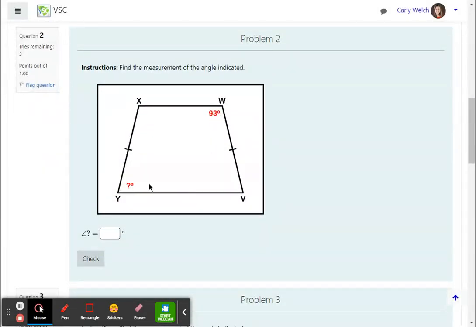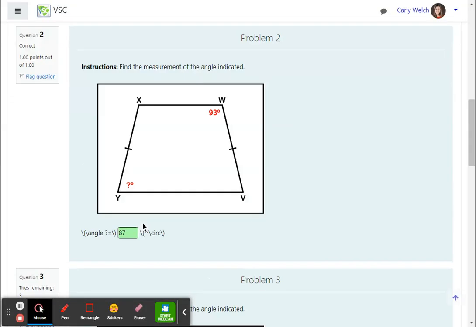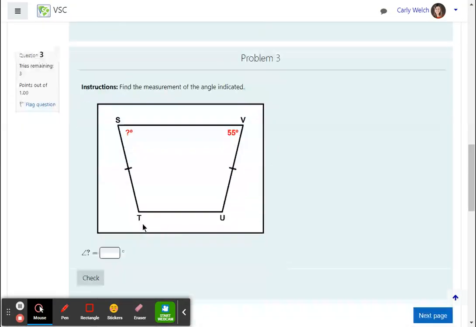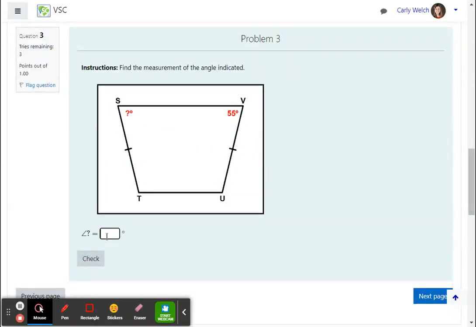Opposites are supplementary. 180 minus 93 is 87. Base angles are congruent, so S is 55.